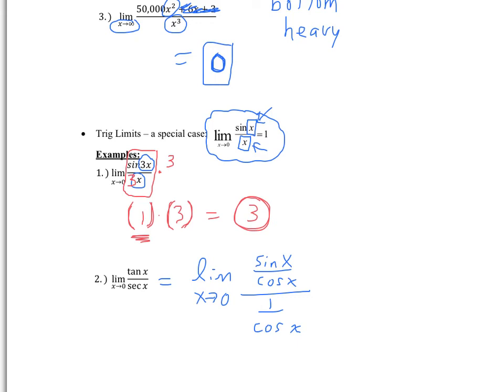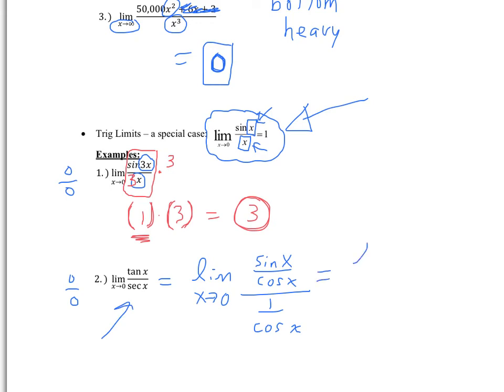And by the way, I should have mentioned earlier that if we were to plug in early on to each of these, you would have gotten 0 over 0. That should have been the first thing we did. Okay, so 0 over 0 suggests there is an answer out there. We just have to do some algebra to get it. In this first situation, we have a special rule to find it. Down here, we're looking at some identities to find the answer.